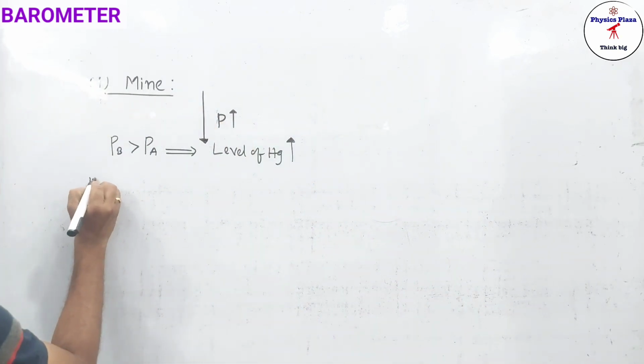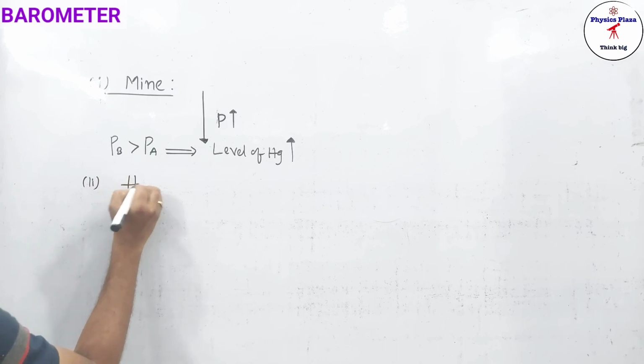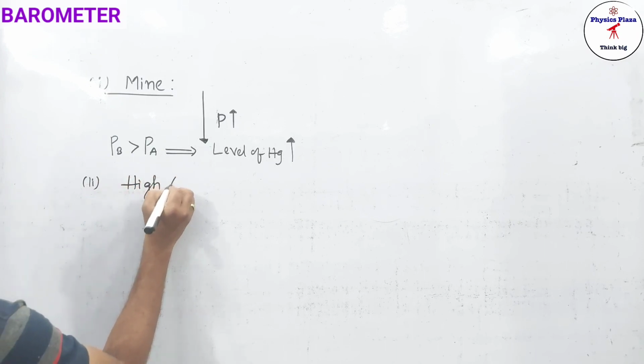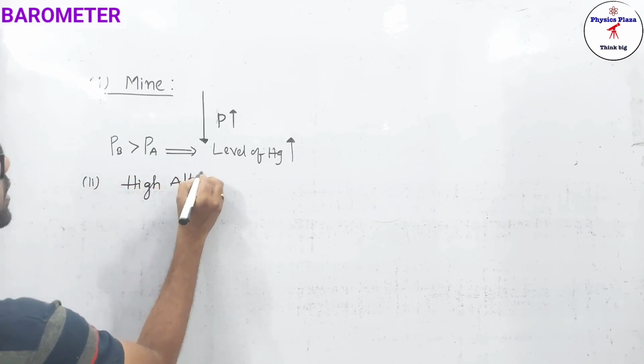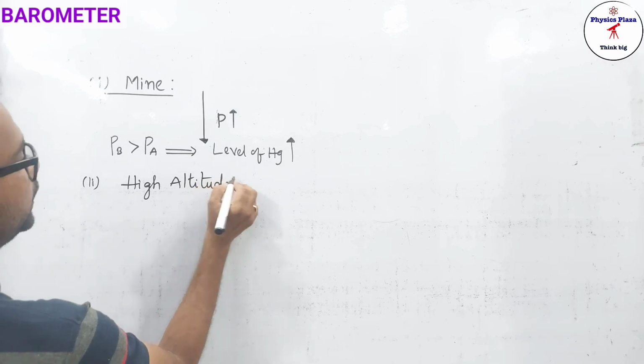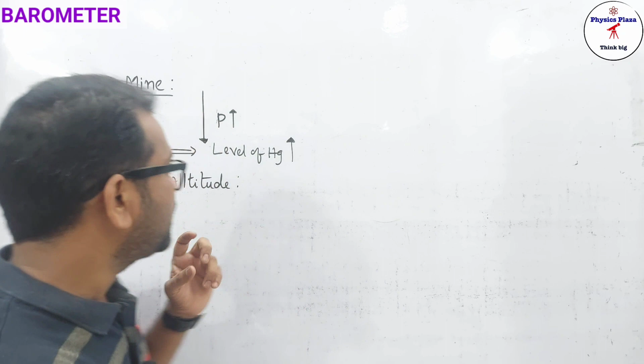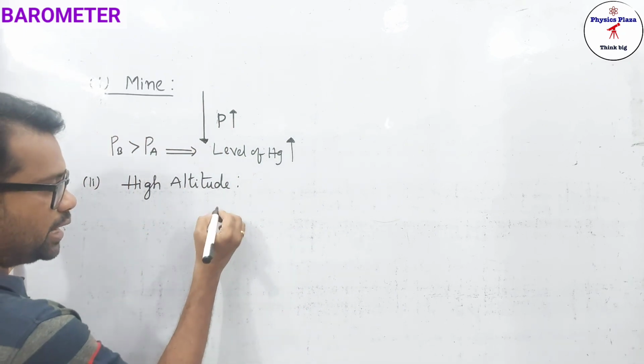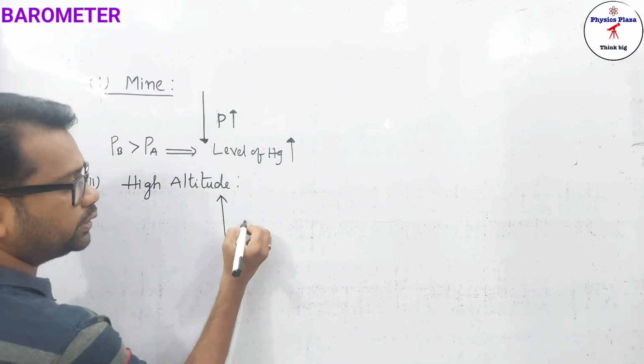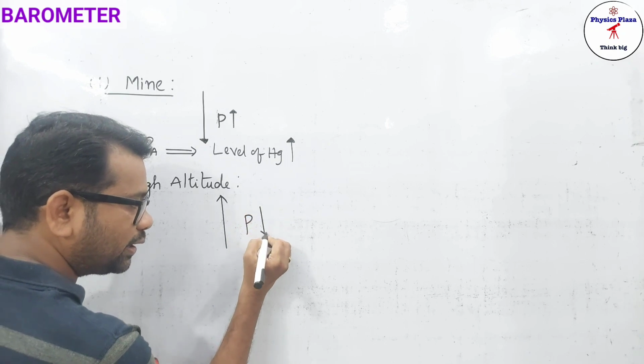And the second one, what happens if it is taken to a high altitude, children? When this simple barometer is taken to higher altitudes, how does the mercury level get affected? As we go to high altitude, the pressure decreases.